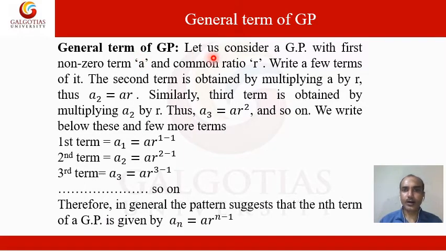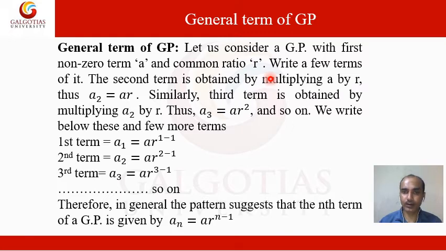So let us consider a GP with first non-zero term A and the common ratio R. Write a few terms of this GP. The second term is obtained by multiplying by R, because R is the common ratio.